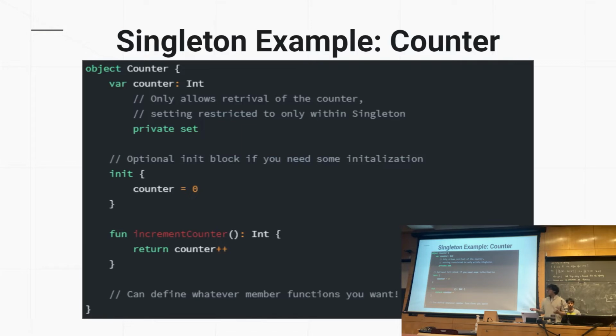What's important about this is we have this keyword called object right before our singleton. And here in Kotlin, object is a special keyword that is used in order to create a singleton, right? It is a special class that can only have one reference.